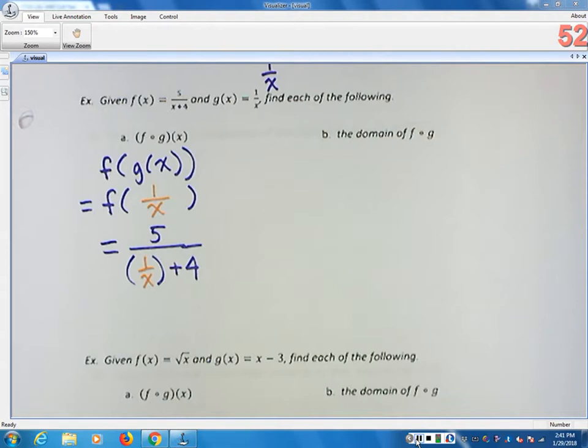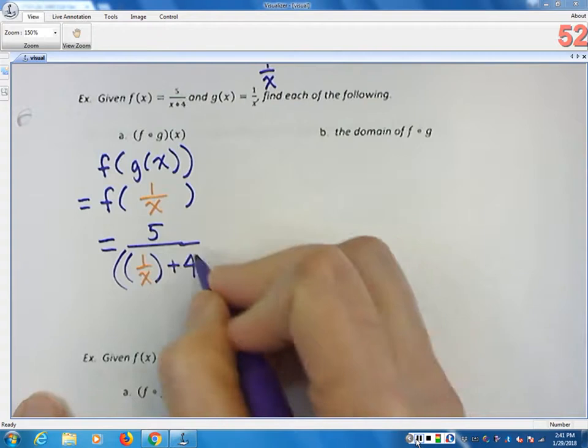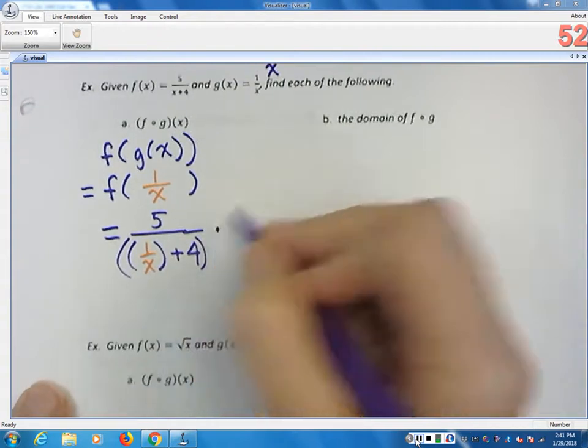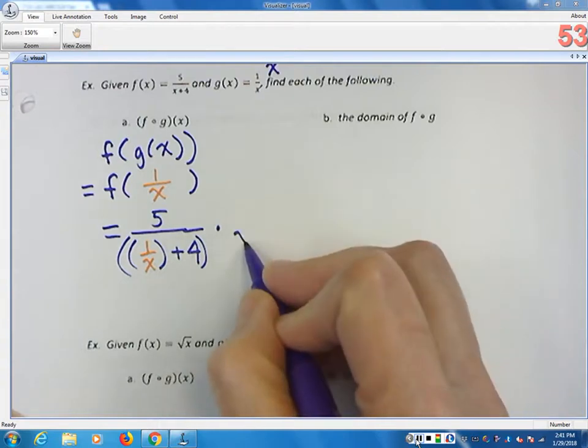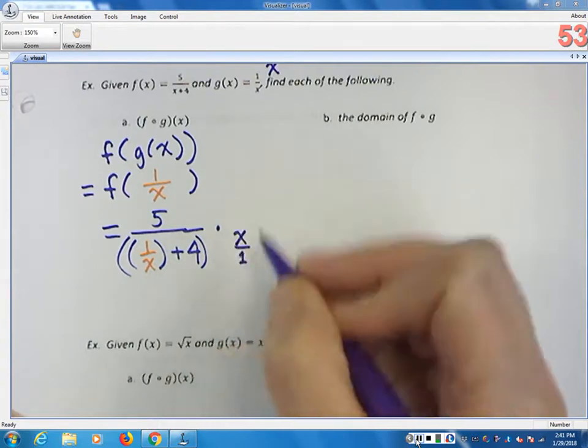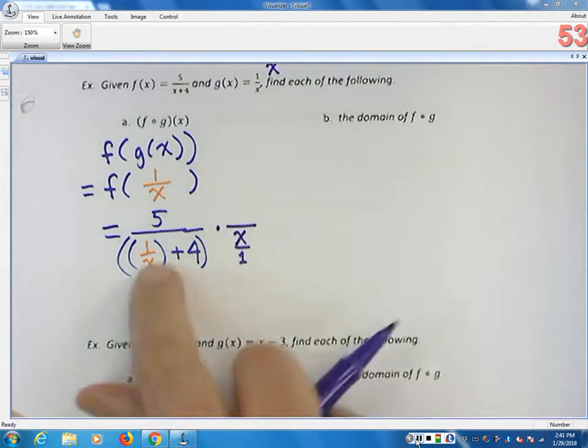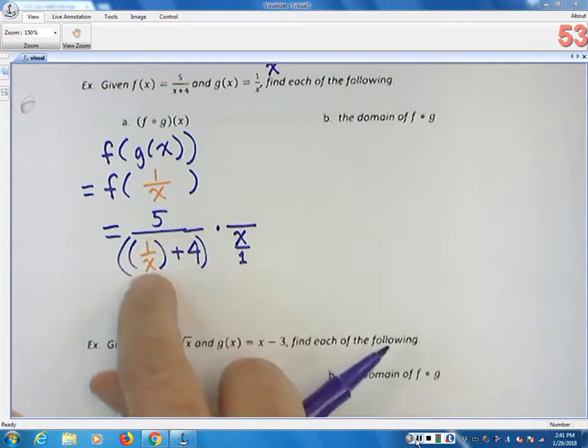Okay, now we're going to simplify this. A fraction is not considered simplified if it has a fraction within a fraction. So we want to get rid of this denominator of x. If we multiply by x over 1, that will get rid of that x here.